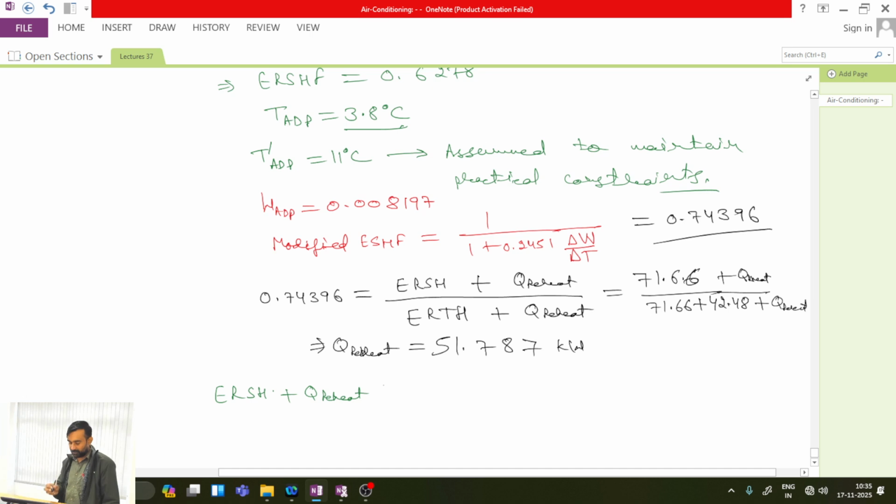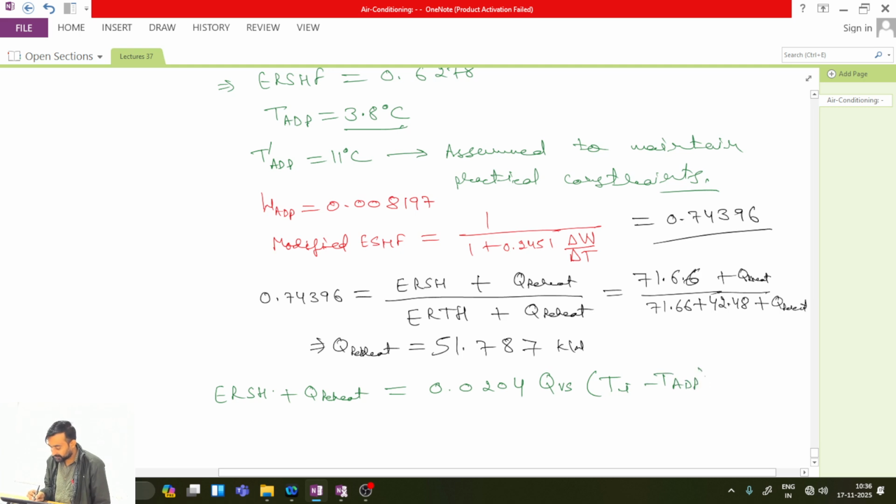It must be equal to 0.0204 into QVS, the supply state volume, into Ti minus TADP. If I assume that, basically it will be equal to Ti minus Ts.